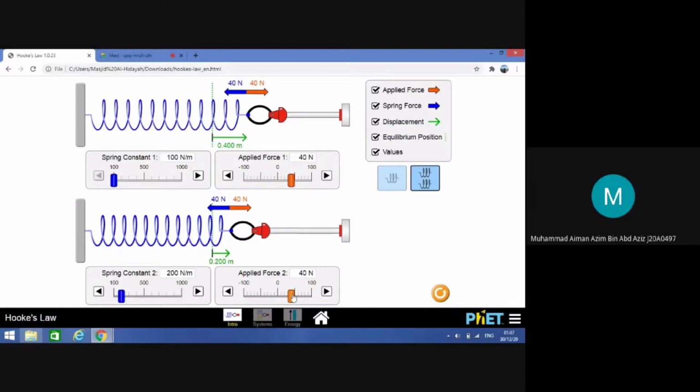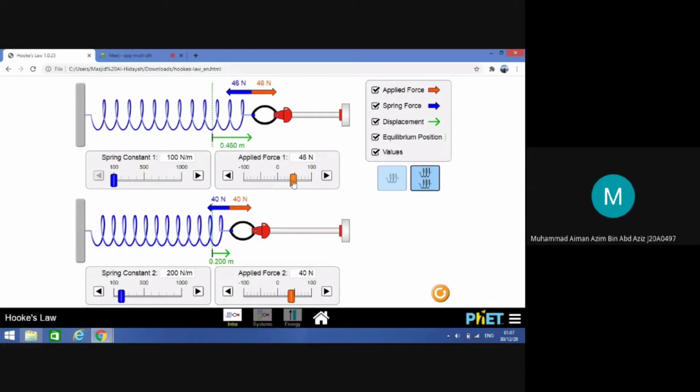Next, we put 40 Newton force on both springs. The 100 Newton per meter spring constant will get 0.400 meter displacement, and the 200 Newton per meter spring constant will get 0.200 meter displacement.